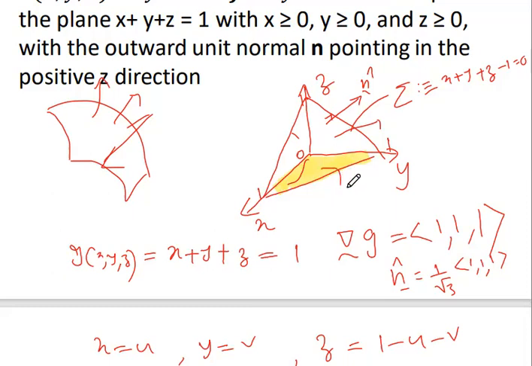So this is our R, and this is our sigma. Take an infinitesimal area, which is d sigma, and the corresponding two-dimensional one is dA.